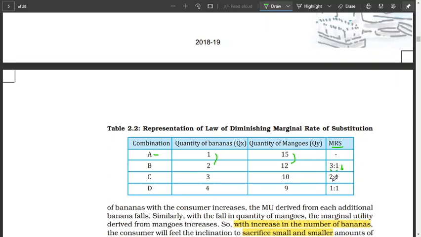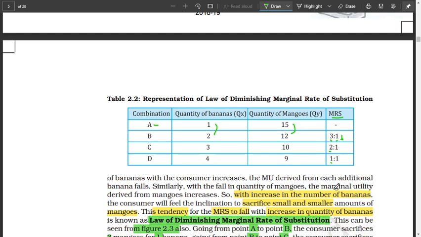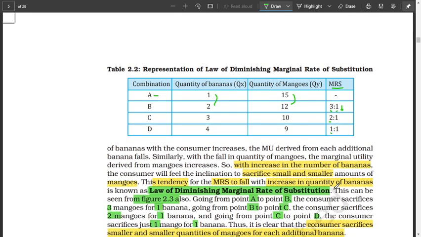If you want more bananas, you have to sacrifice 2 for one banana. Again, 1 for 1. So you can see that this rate of substitution, that you substitute mangoes for bananas, keeps on declining. That is the fact of getting more of one, you have to get less of the other. That is the idea behind the marginal rate of substitution.